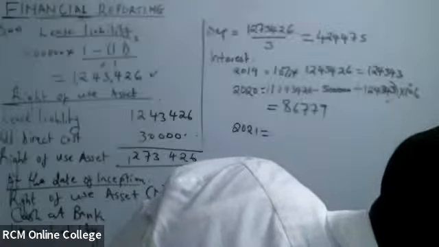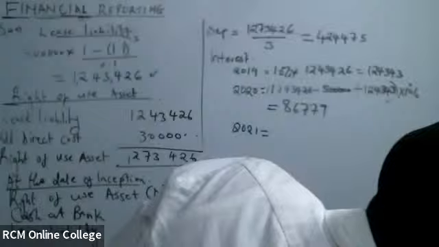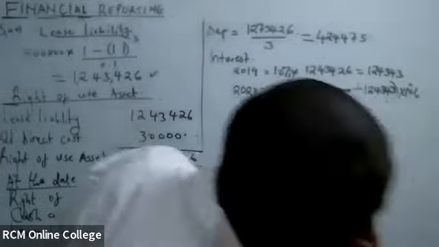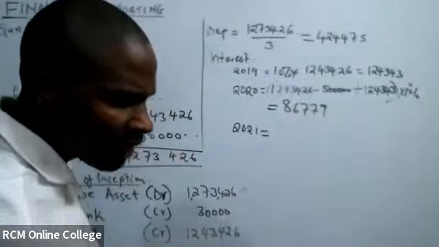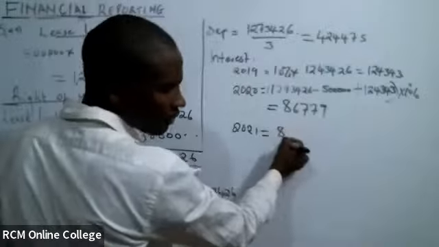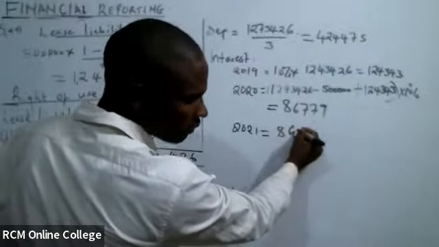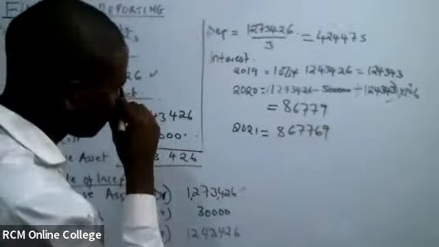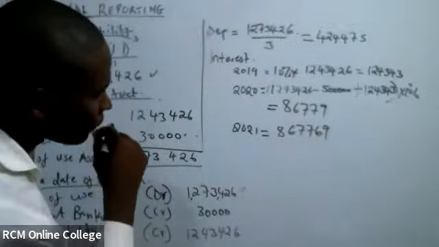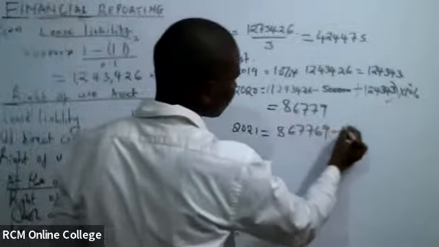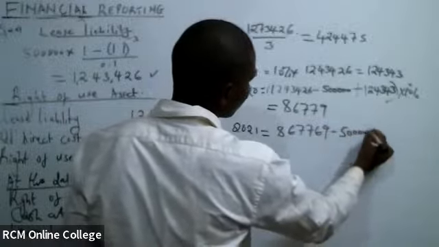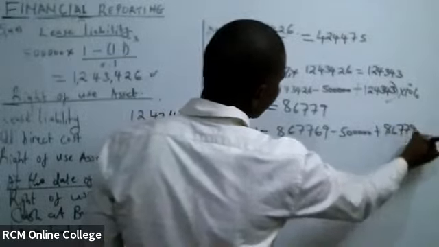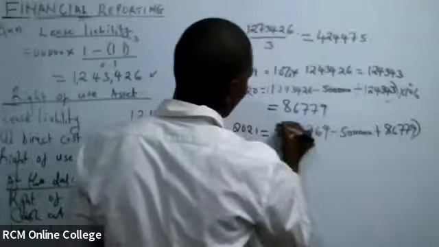Now that one, we less 500,000. We add 86,779. Then 10% of that.